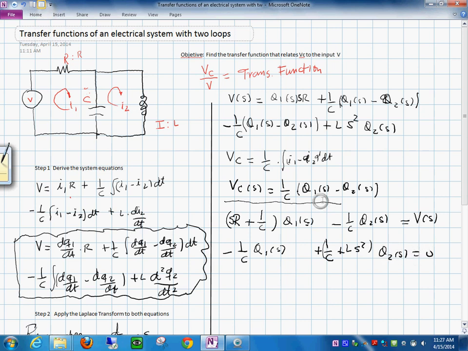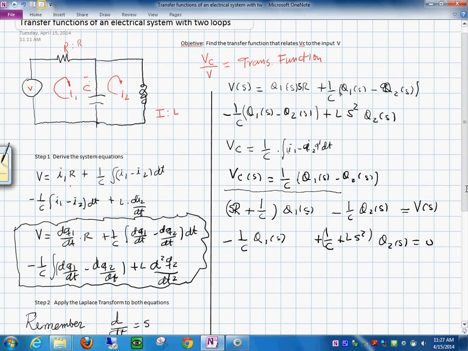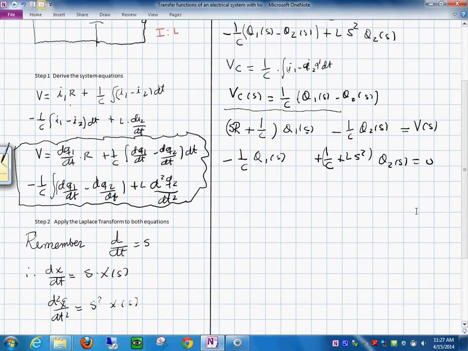Now we are ready to find Q1 and Q sub 2 using Cramer's rule. So if you do that, we are going to put the two together, and I'm gonna make some notes in here. Solve for Q1 and Q2.